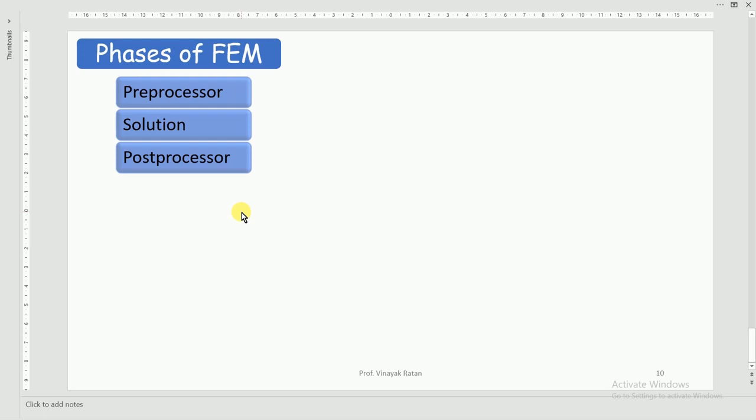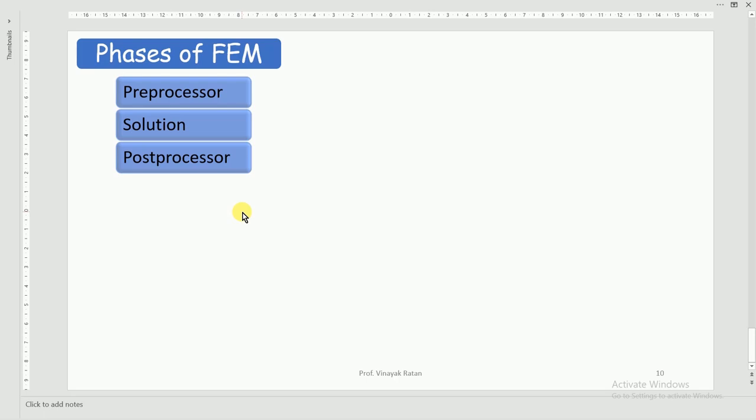In the preprocessor stage, all the basic necessities are done. Out of 100%, 70 to 75% of the time will be spent on the preprocessor only. In solution, you just have to solve the problem. In postprocessor, whatever results we want, we will view those results and analyze them.